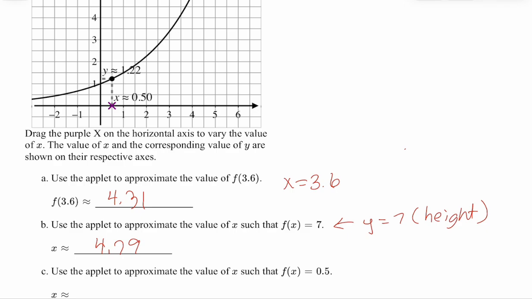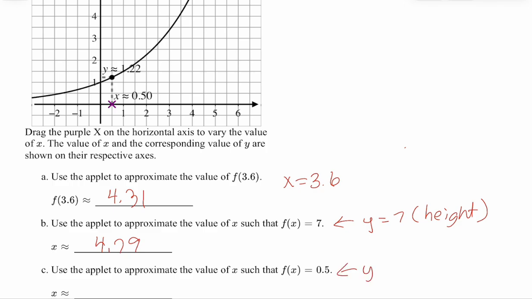And then C, again, that's your height is 0.5. Please go to a height of 0.5. That one was kind of harder. You had to slide it to the left instead of to the right. See if you can slide it over for me and then tell me what you got there.